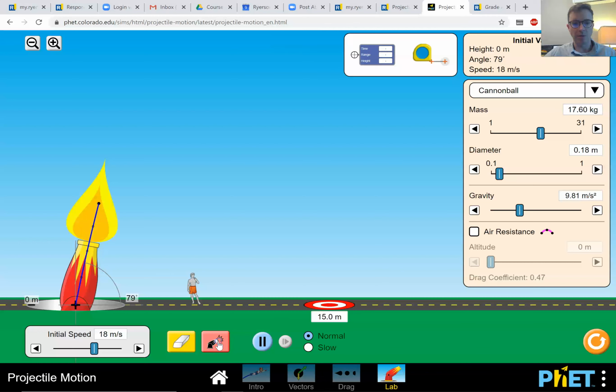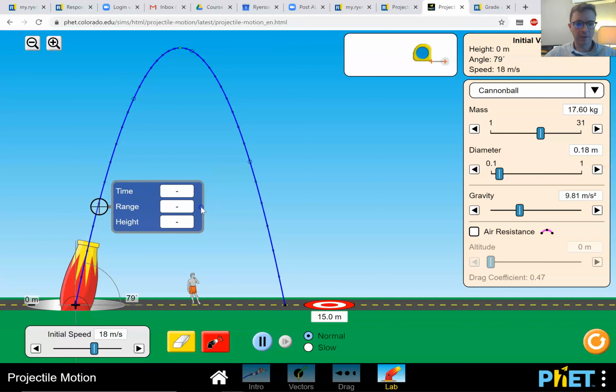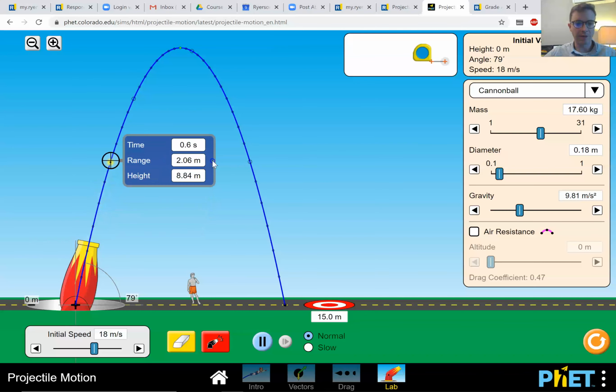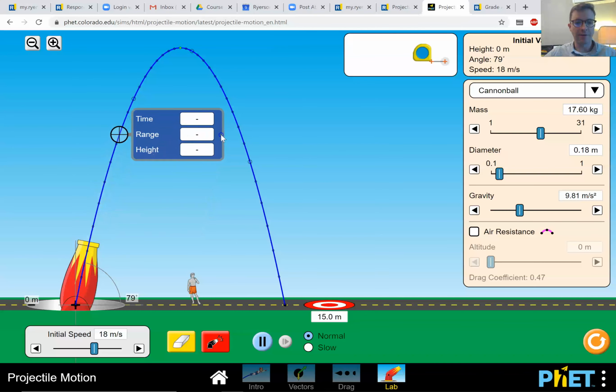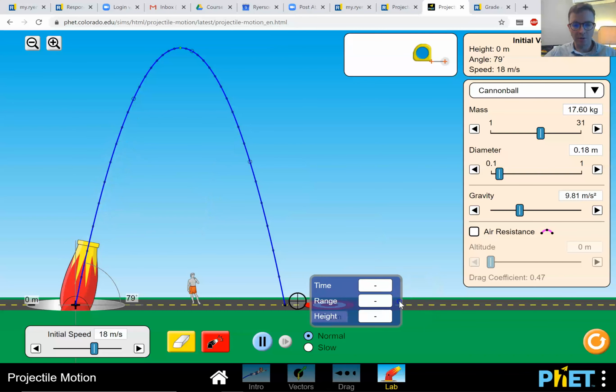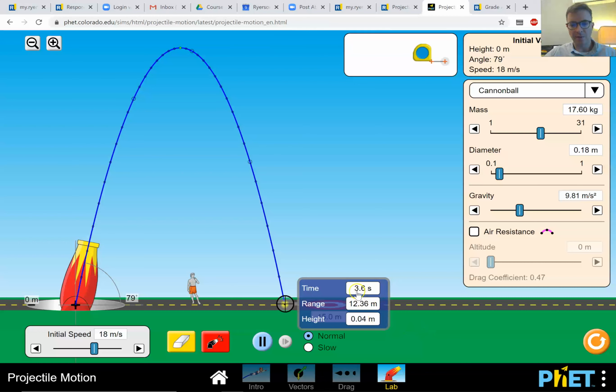So here we go, like this. Okay. And notice here, I can calculate the time by looking at this, which will tell me the time and how far it's gone and how high it's gone. So going to the very bottom here, it hit the ground after 3.6 seconds. Okay. And this is how far it went, and this is the final height.